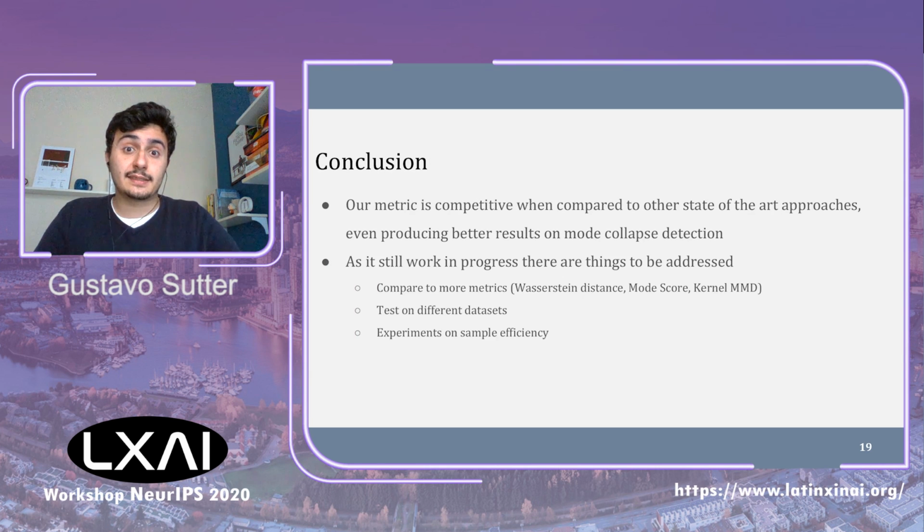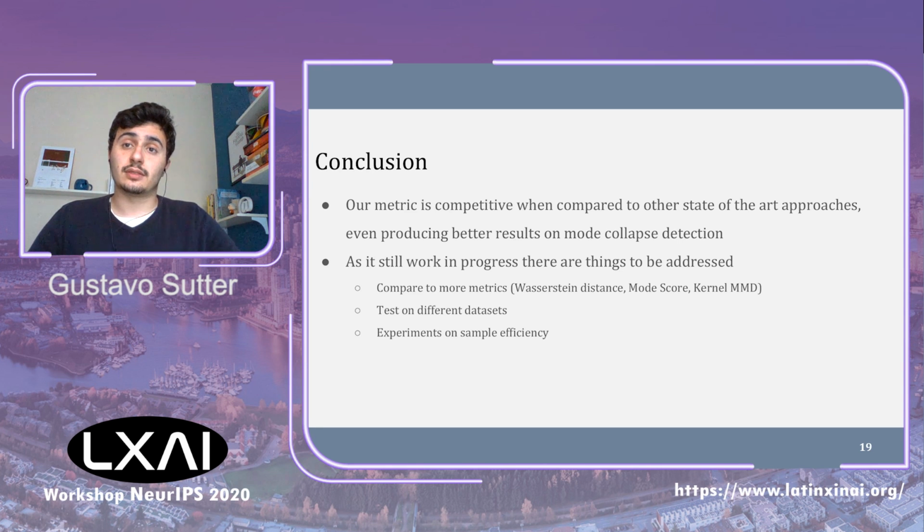Here are some conclusions. Our metric is competitive when compared to other state-of-the-art approaches, even producing better results, as we saw in the CIFAR-10 example. However, it's still work under development. We have things to address. First of all, we need to compare to more metrics, such as the Wasserstein distance, mode score, and kernel MMD.